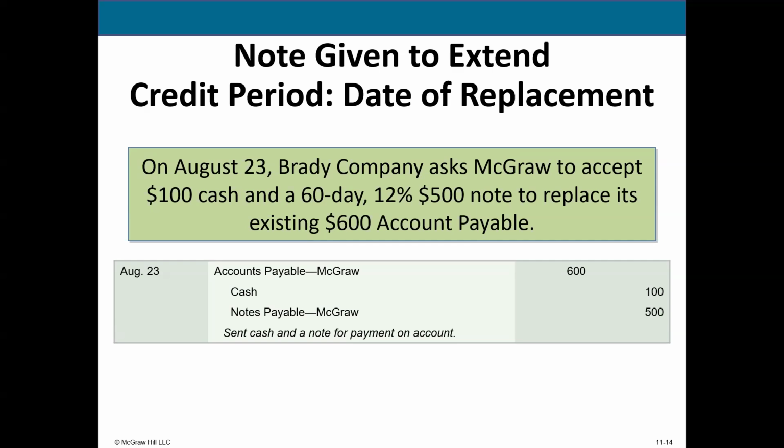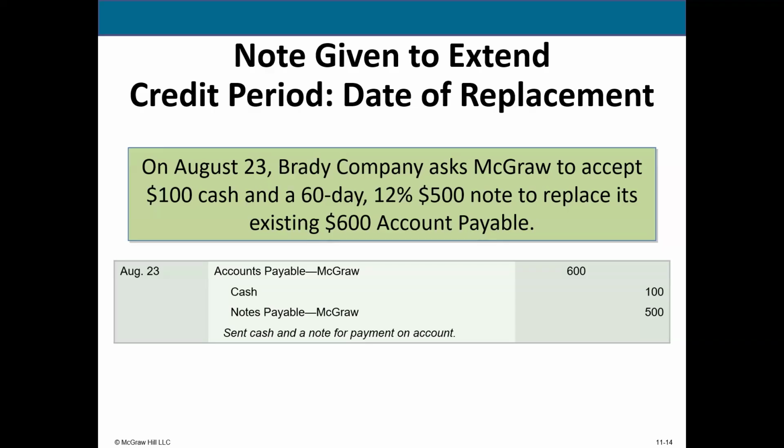So we said, hey, listen, we'll give you $100 in cash now, and the rest 60 days later with a 12% interest rate on a $500 note. So what this does is it converts the $600 account payable into a note payable that bears interest.